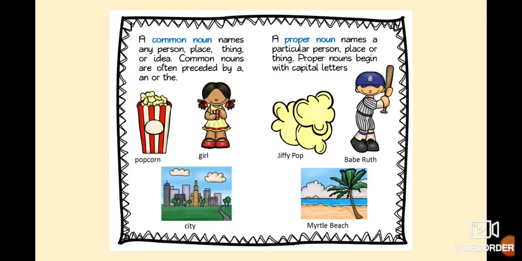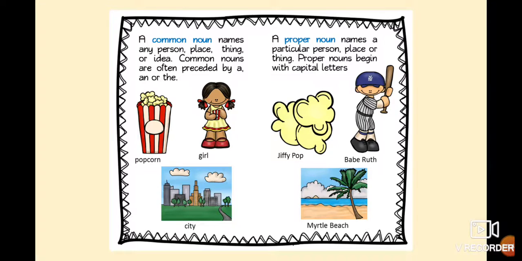Babe Ruth, a famous baseball player. Myrtle Beach, the proper name of a beach, that means of a place. In summary, a common noun is any person, place, thing, or idea, but a proper noun is a particular person, a particular place, or a particular thing.